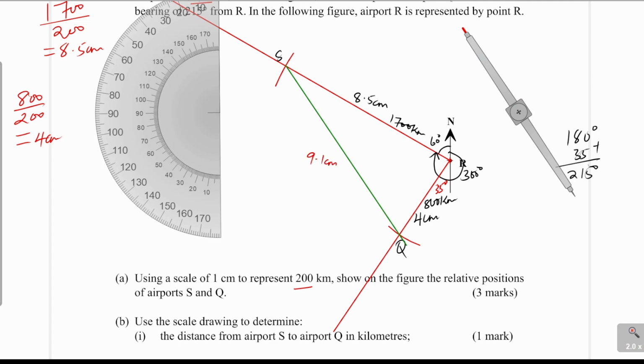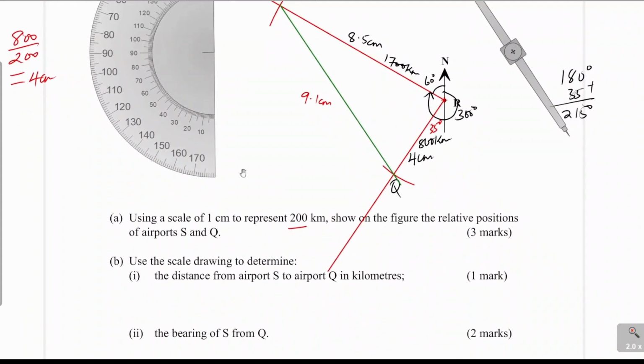But since you're supposed to give the answer in kilometers, you need to convert that. Remember the scale, 1 centimeter represents 200 kilometers. So what about 9.1? Just need to multiply that by 200, convert it to kilometers, and this will give 1820 kilometers.